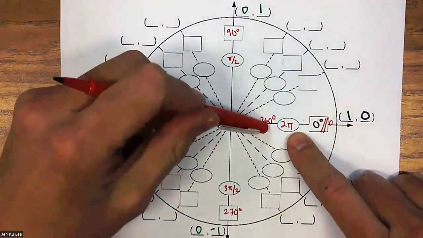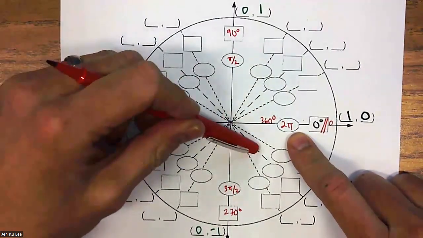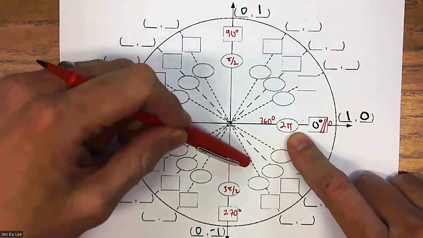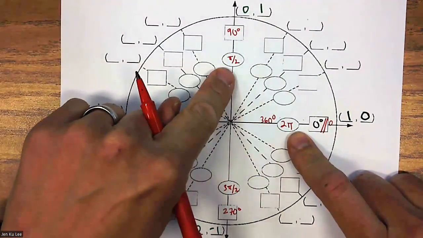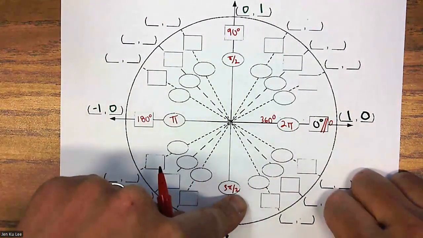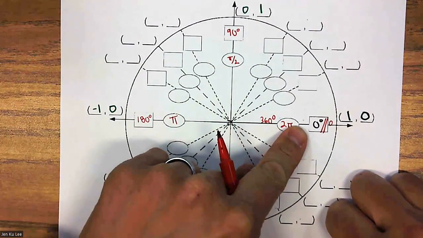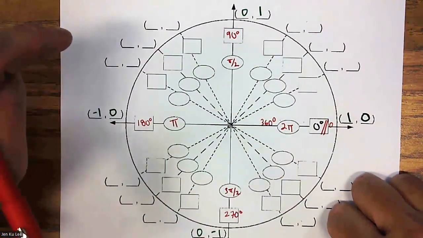Okay? So I literally just went around 1 revolution in terms of pi over 2s, right? I know that 90 degrees is pi over 2. So another 90 degrees is 2 pi over 2. Another 90 degrees is 3 pi over 2. Another 90 degrees is 4 pi over 2, or 2 pi. Cool?